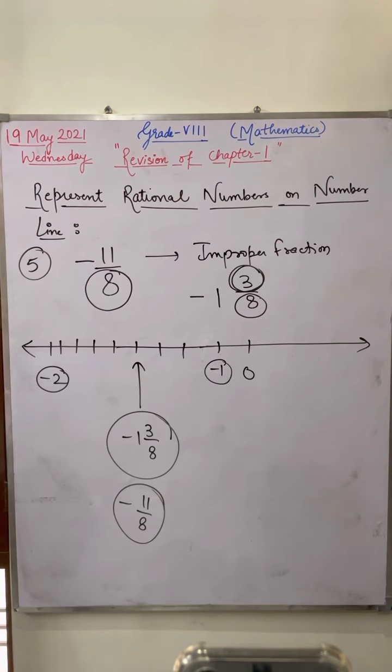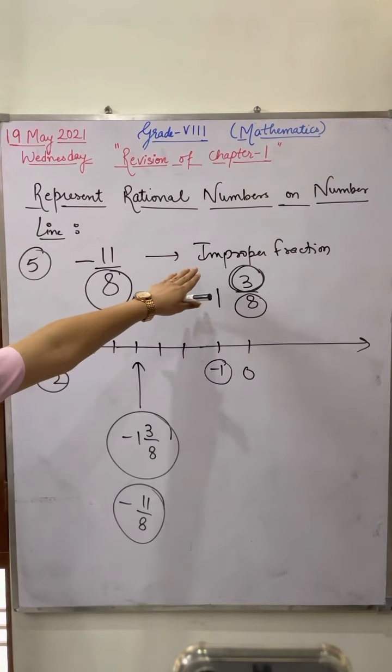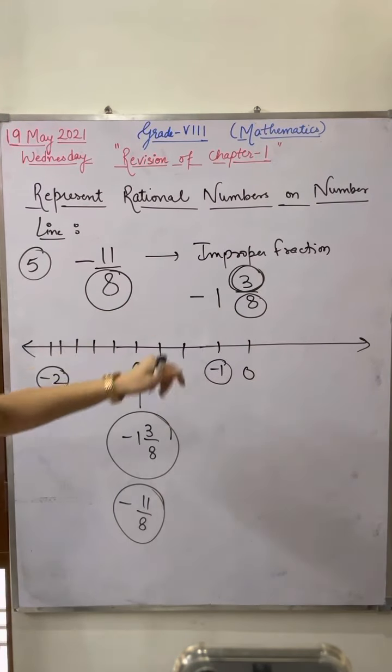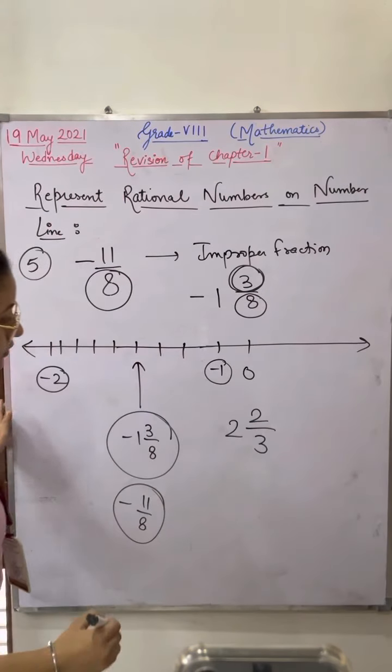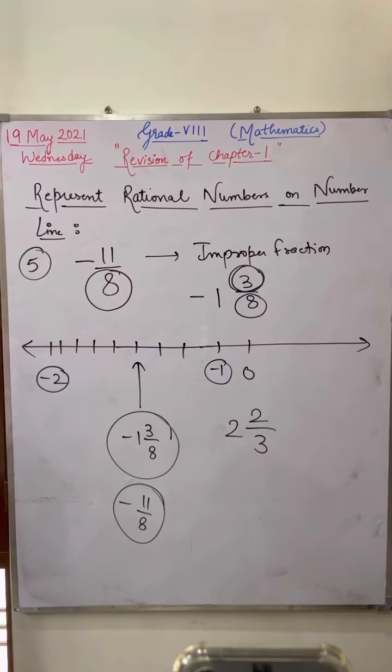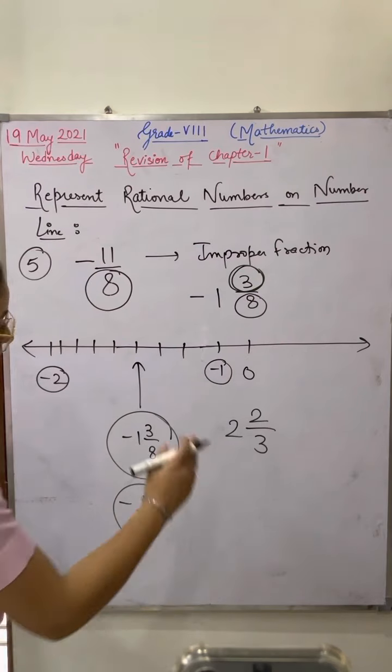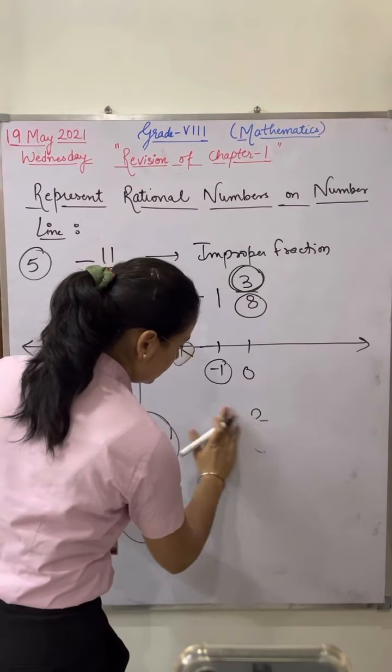Ma'am, I have a doubt in the first question of improper fraction. You have given 2 upon 3. Ma'am, if 3 will be there in the place of 2, then in the mixed fraction, what will be there?